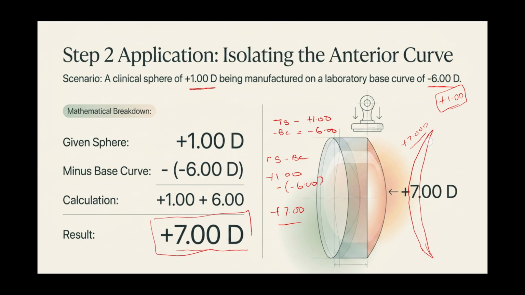So the -6 is ground out of this +7 diopter sphere, so that we end up with a +1 diopter spherical lens. That is what it means. So the anterior surface is +7, the posterior surface is -6. End result is a +1 diopter sphere.